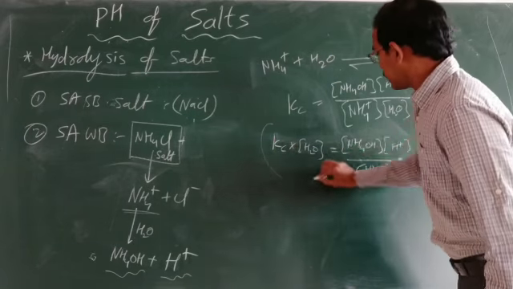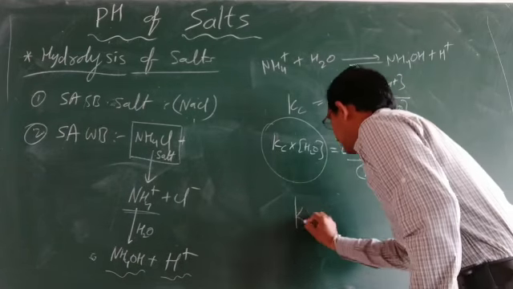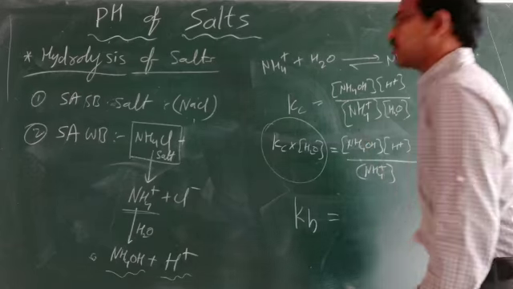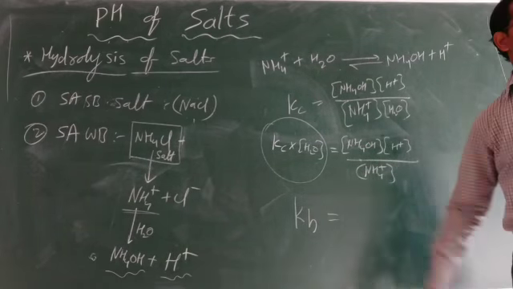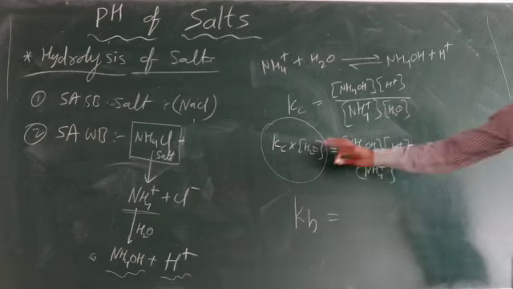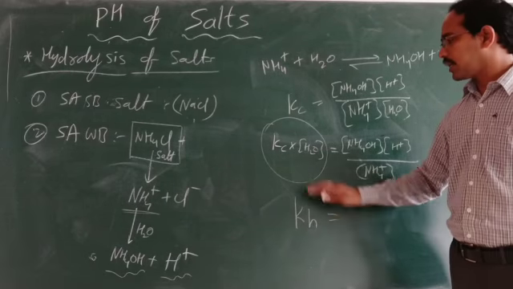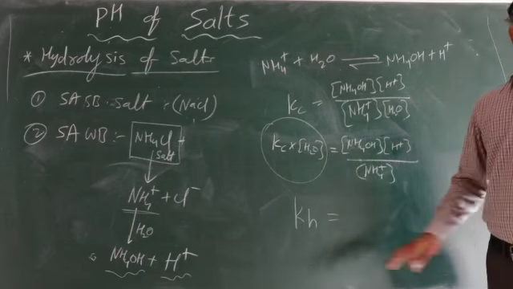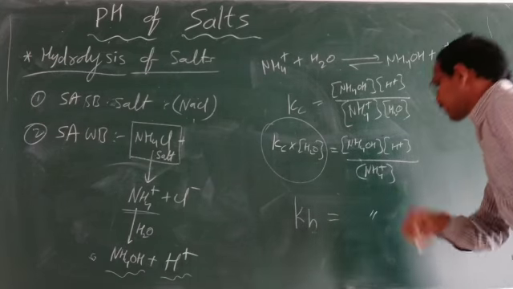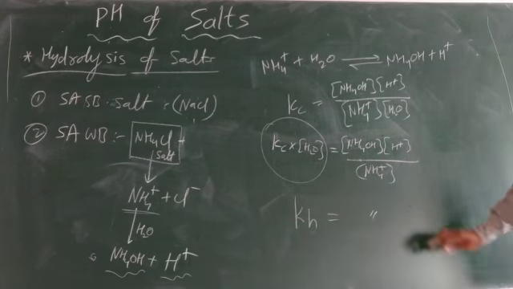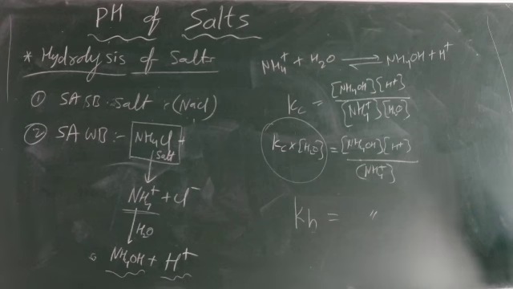This Kc into H2O is known as hydrolysis constant. Name different. We don't calculate here H2O concentration. Just we will take like hydrolysis constant. एक symbol change होता है बस. Right? Hydrolysis constant same. KH equal to this one hydrolysis constant.